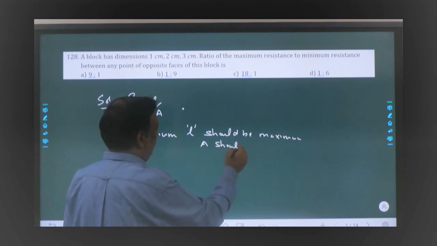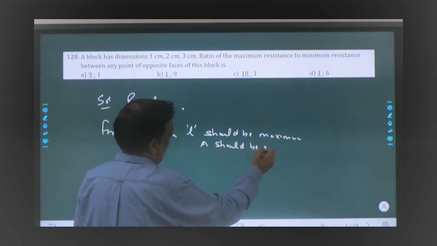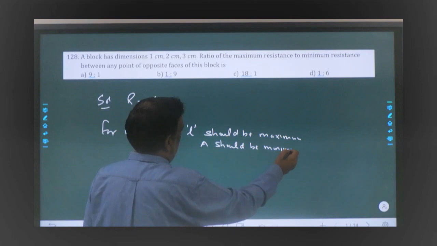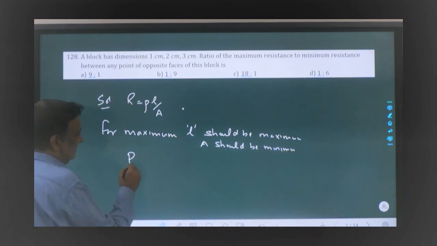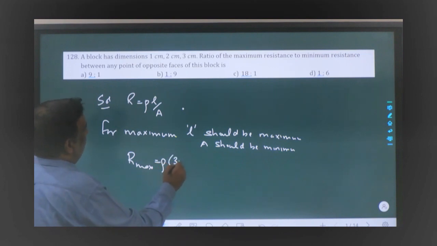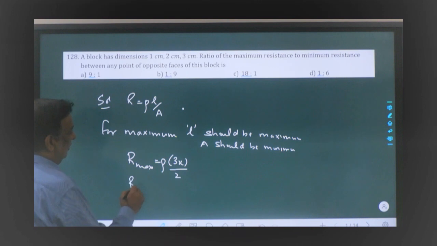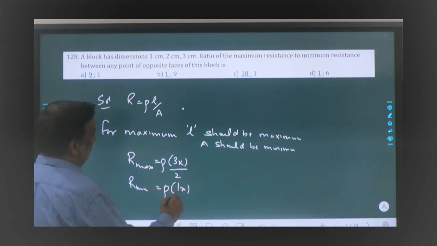And for minimum, it will be the opposite. R max is rho into 3 upon 2, and minimum it should be rho into 1 upon 6.